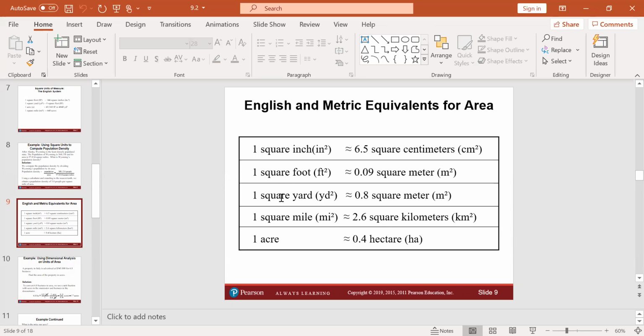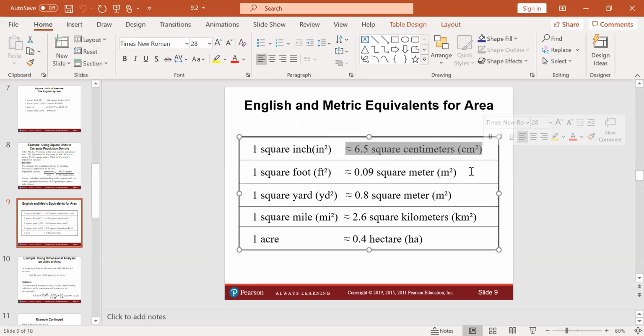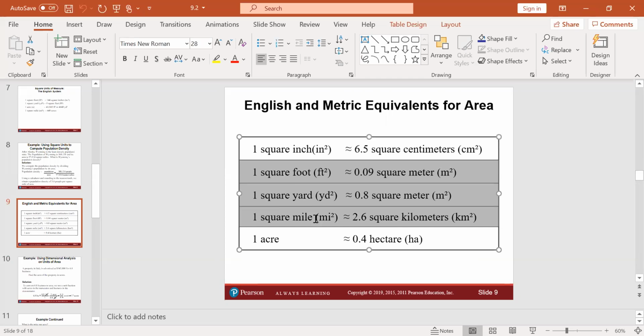Some metric equivalents for area: 1 square inch is going to be 6.5 square centimeters. How do I know? Because a square inch is 1 inch by 1 inch, but then that would be 2.54 centimeters by 2.54 centimeters. If I do 2.54 times 2.54, I get about 6.5. That's how a lot of these calculations are made.